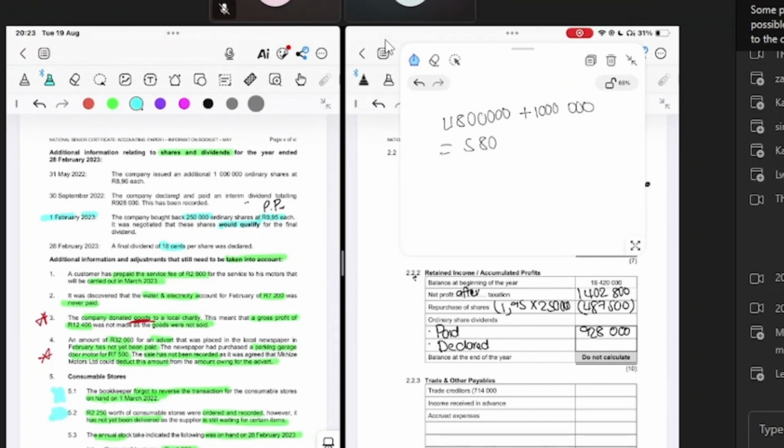We don't need to minus the shares that were bought back. So that would be 5.8 million multiplied by the cents, which is 0.18, and that will give us our final dividend. And that will be 1,044,000.